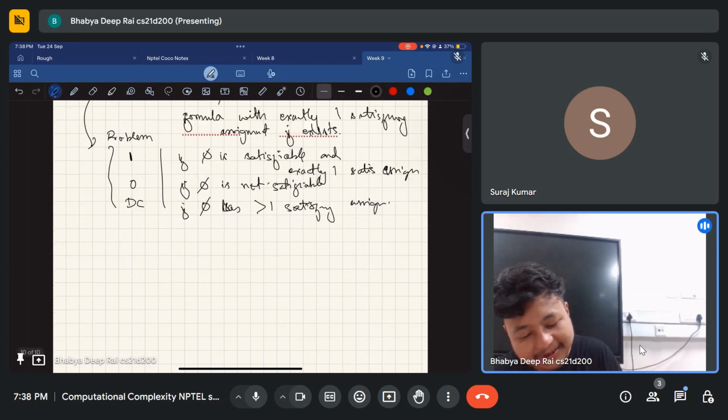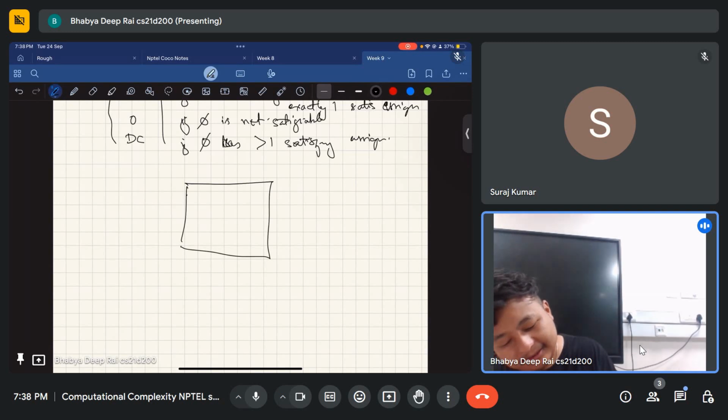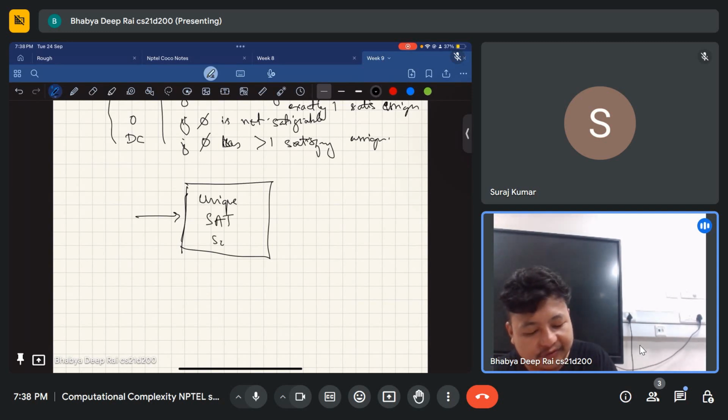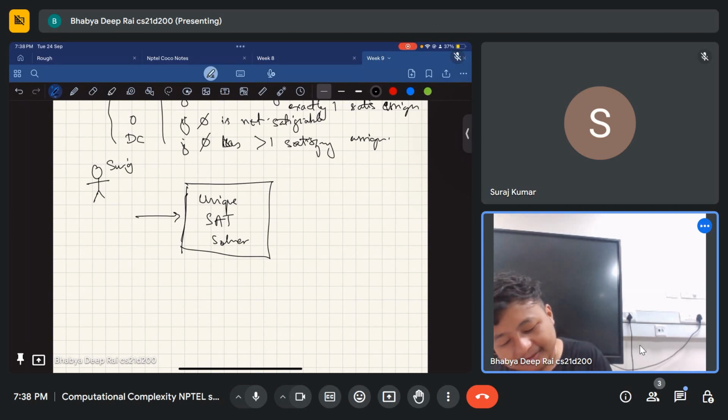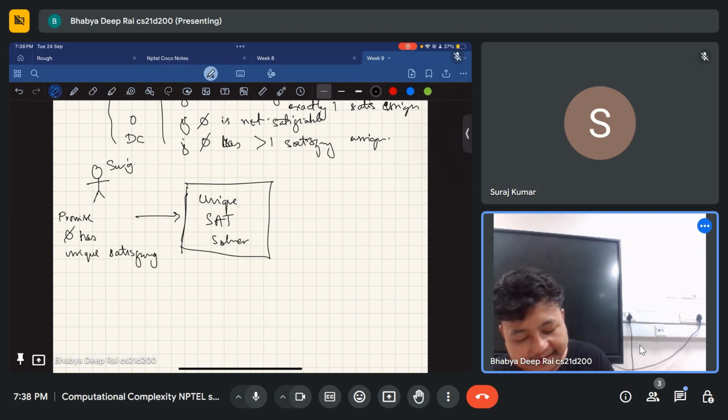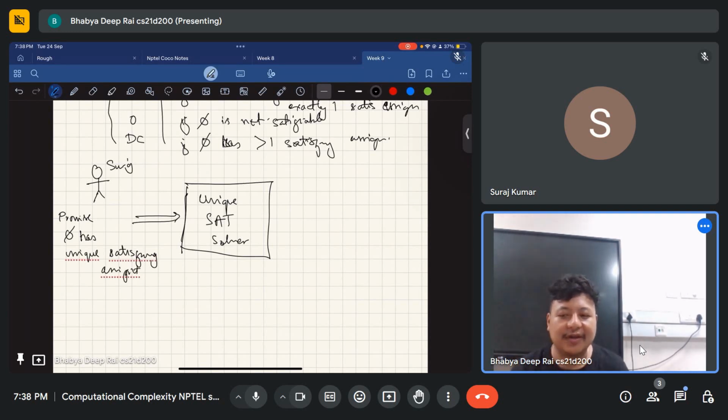But what I'm trying to say is, here is a machine that I'm trying to create that solves unique SAT. Here what I do is, I as a user, you as a user, give a promise that phi has a unique satisfying assignment before inputting it to my unique SAT solver, and you don't lie.